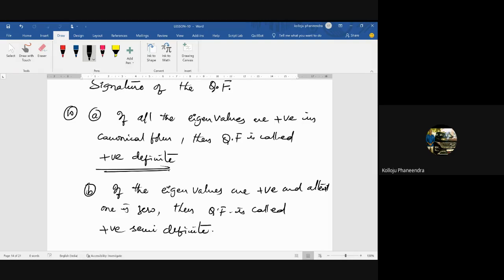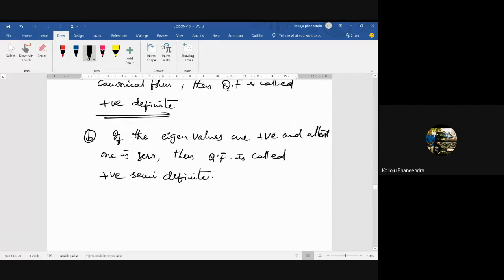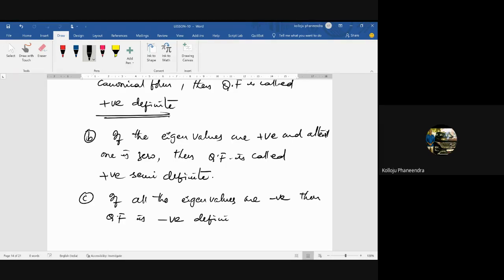Next, point C: if all the eigenvalues are negative, then the quadratic form is called negative definite.